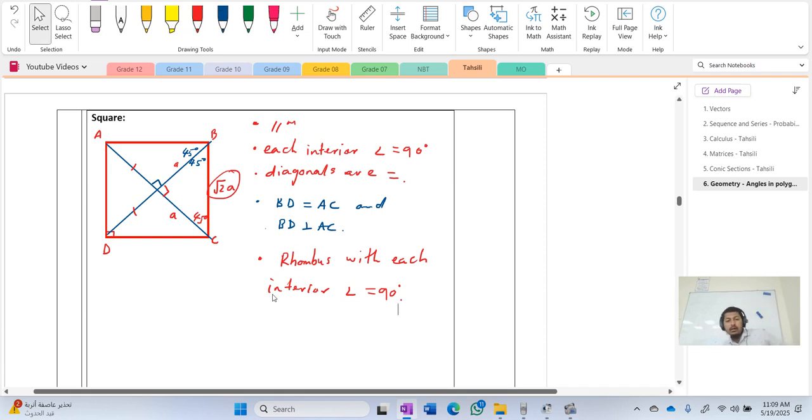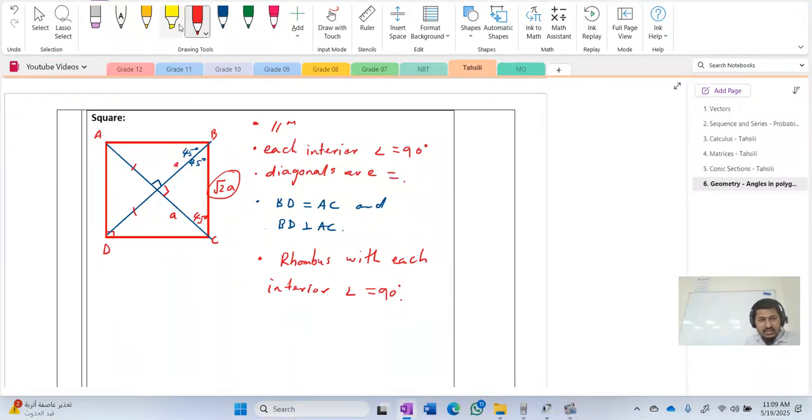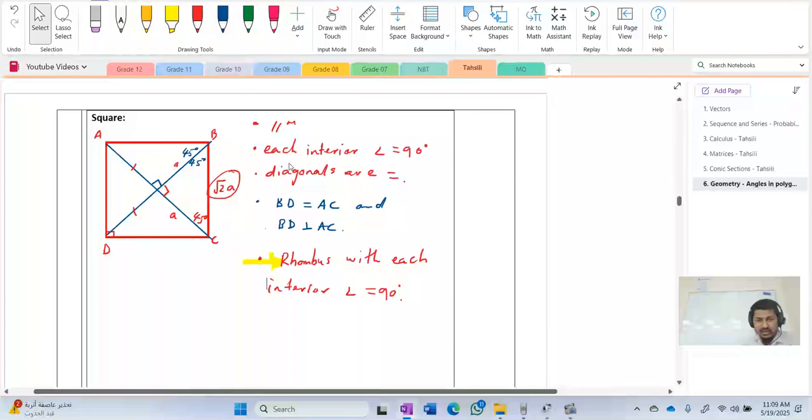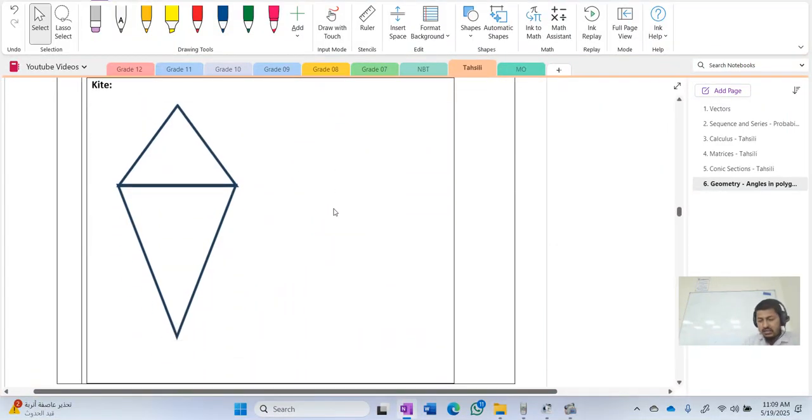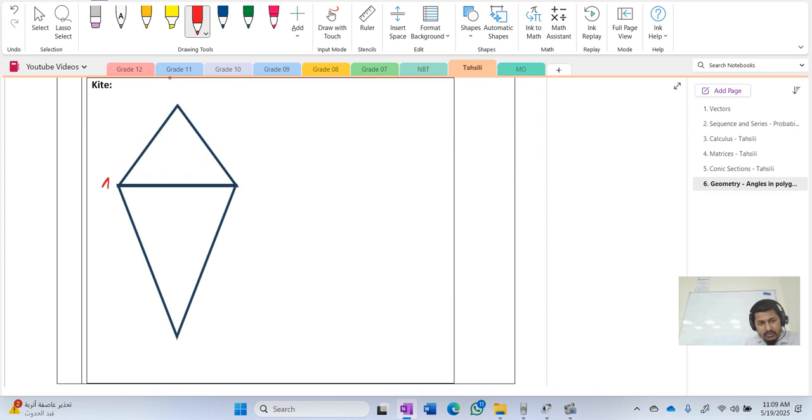Now moving on to the next type of quadrilateral, a kite. In a kite, we have A, B, C, D. So in a kite, we have adjacent sides equal. AB is equal to BC, and AD equals CD.